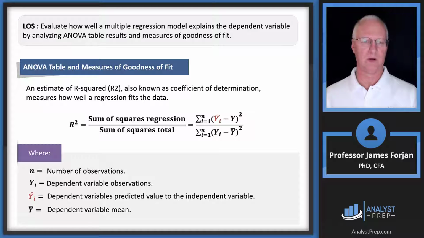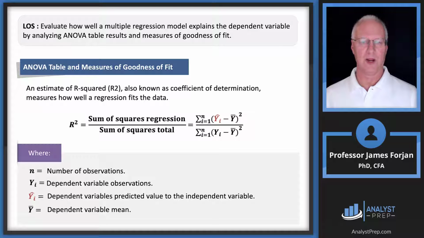And so the R-squared is also known as the coefficient of determination, which is, in general, kind of like the R, which is correlation, squared. But when you have multiple regression, you've got a bunch of them, so it's not exactly the same, at least mathematically.